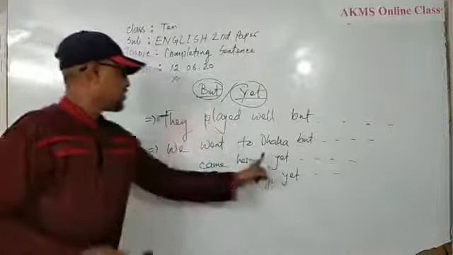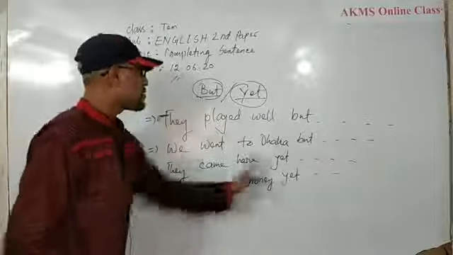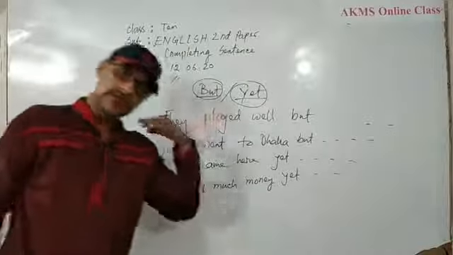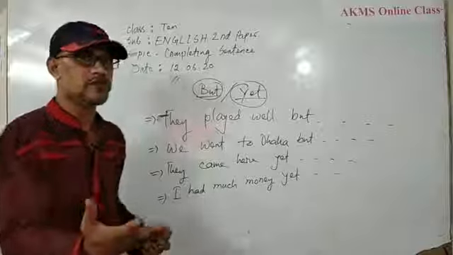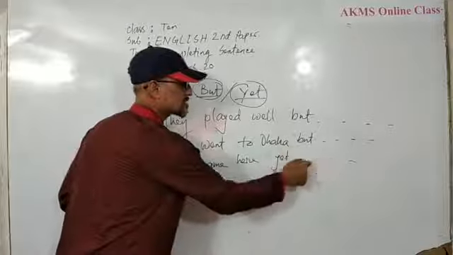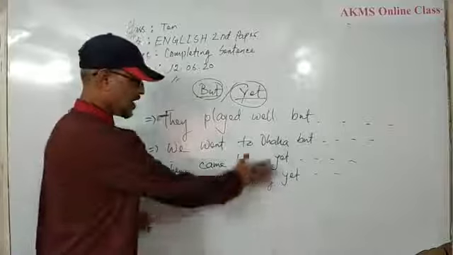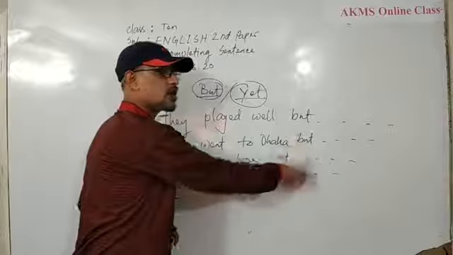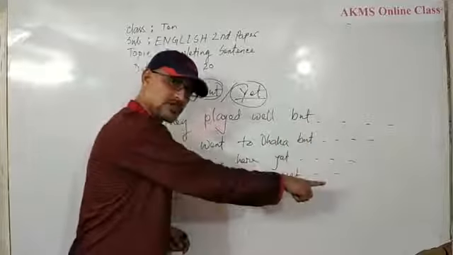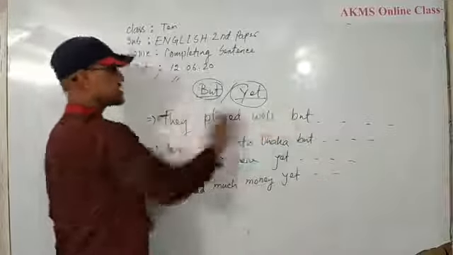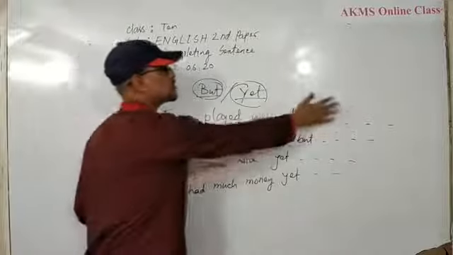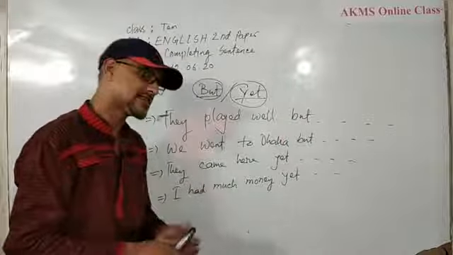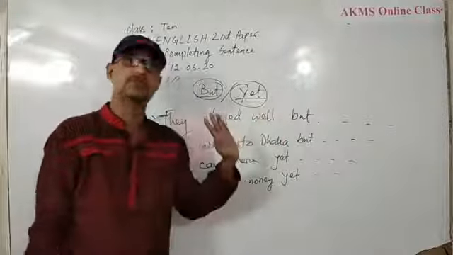But when the examiner combines the sentence with yet, the subject may be the same or different. Always you must use the subject here. Whenever the sentence is combined with yet, you should use the full clause: subject, verb, object. But if the sentence is combined with but, you need not use the subject if it is the same. But if the subject is different, you should use it.